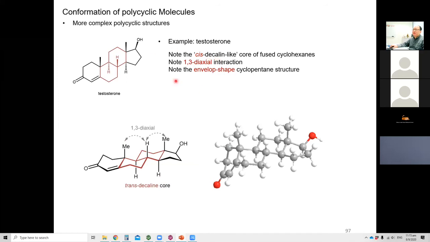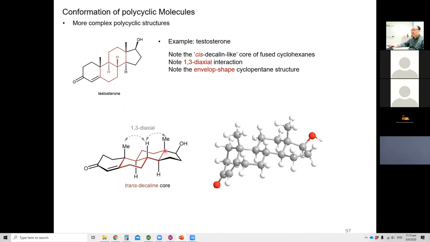I will change these typos after this class, okay? And I also want you to notice that there is a 1,3 diaxial interaction here, with this methyl and this methyl with this hydrogen. And you can also notice that there is an envelope-shaped cyclopentane structure in it.